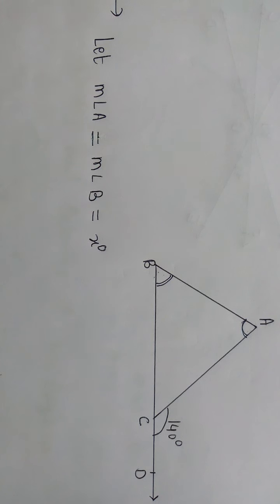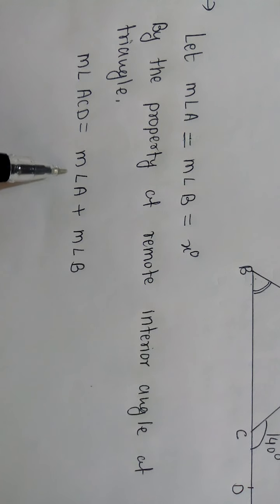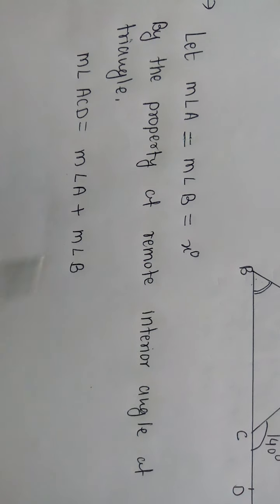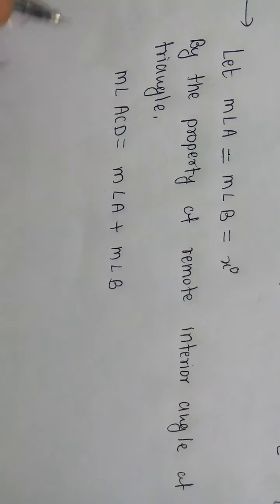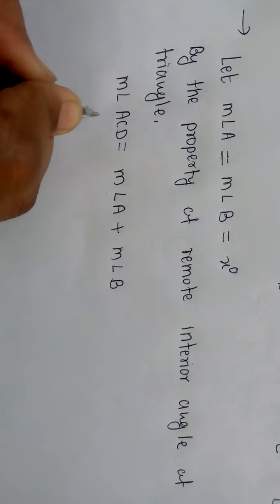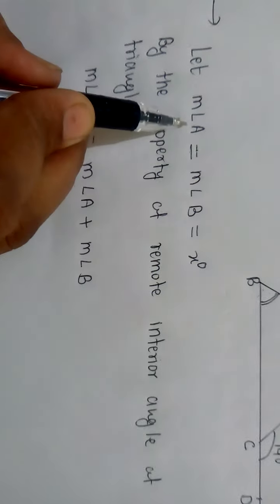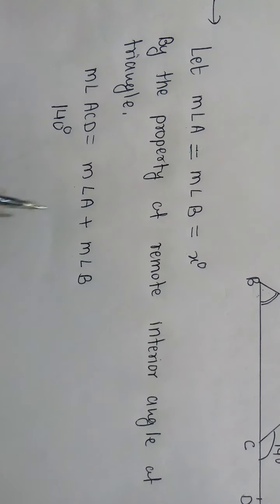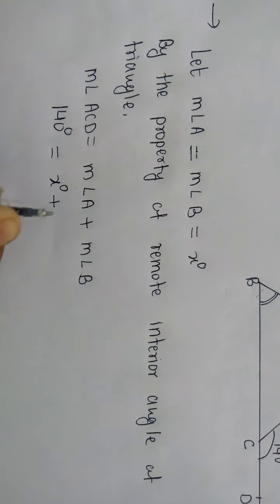And then by the property of remote interior angles of a triangle, we can write measure of angle ACD is equal to measure of angle A plus measure of angle B. Means this ACD is equal to this angle A plus this angle B. So we will put values. You know measure of angle ACD is 140 degrees, so here we can write 140 degrees. And now here we have considered measure of angle A and B as x degrees, so here I will write x degrees plus x degrees.